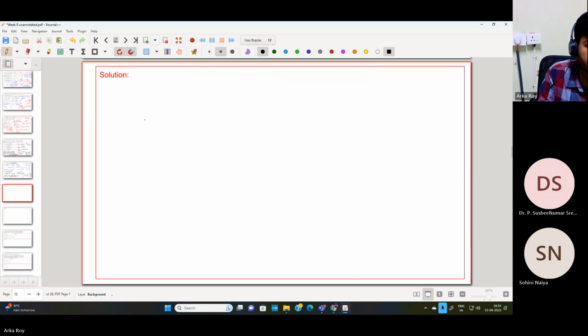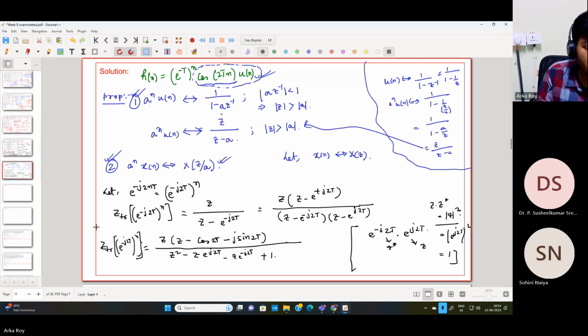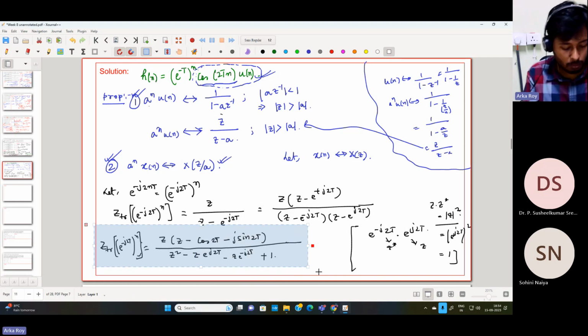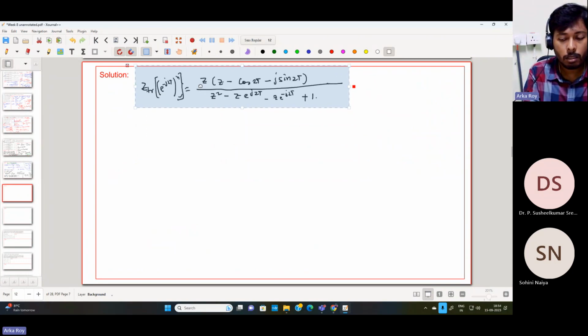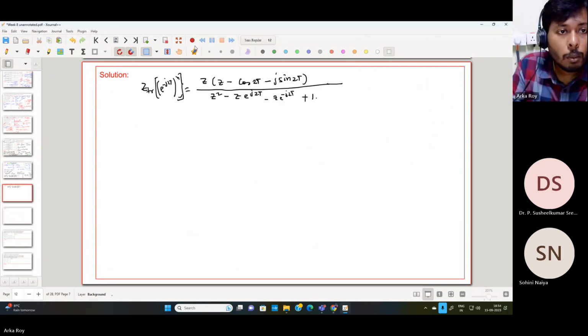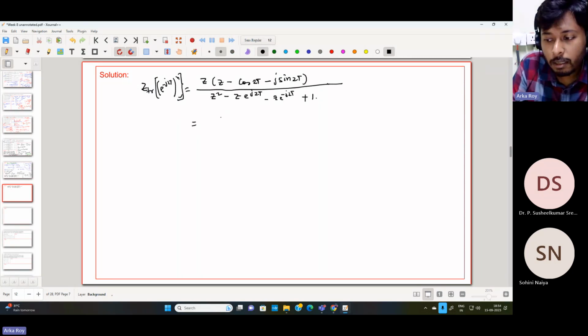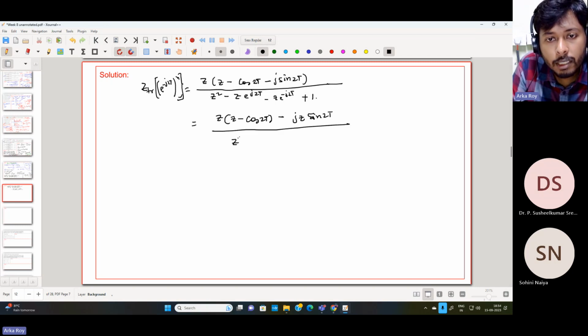If I copy this part again from here, it would be like this. Now I can rewrite it as z minus cos 2t minus j z sine 2t, divided by z squared.